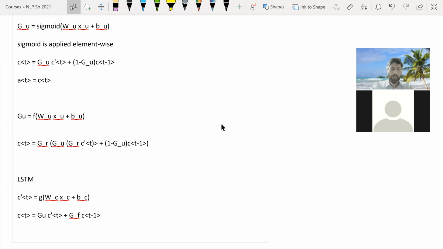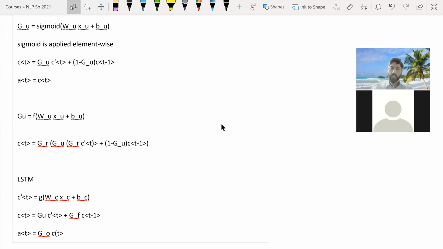So that is one difference. The second difference is the output A_T, which before was actually equal to C_T, right? In GRU this was the same. But now we have another gate here, which we call the output gate.